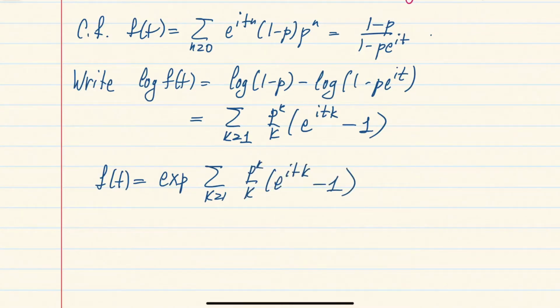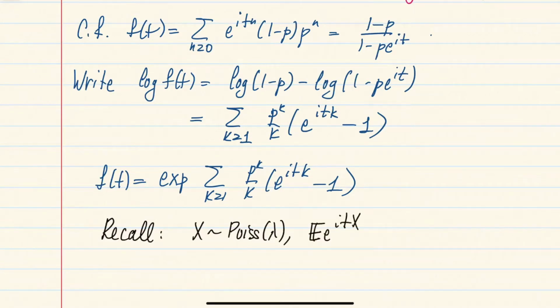Actually each factor here resembles a characteristic function of some classical distribution, namely a Poisson. So let's recall that if we have a Poisson distribution with some parameter lambda, then its characteristic function can be computed again by definition: it's a sum over k starting from 0 of the Poisson probability times e to the itk.